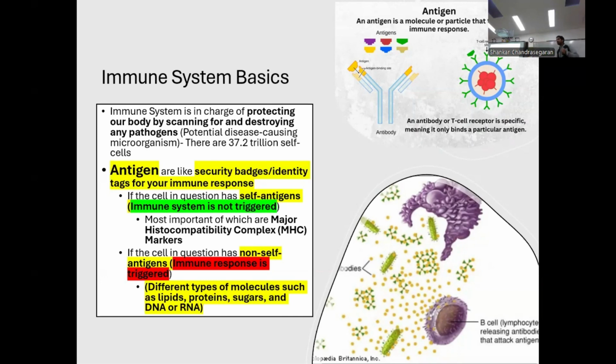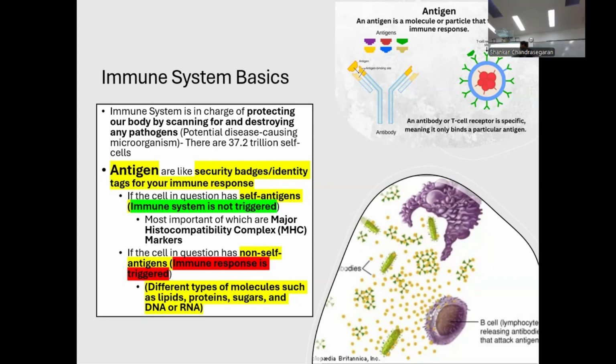And how it works is that your immune system is very good at recognizing the antigens present on your own cells. These are called major histocompatibility complex markers, and your own cells present them on their surface as a way to make sure the immune system recognizes them as self antigens, basically the cells that make up your own body.